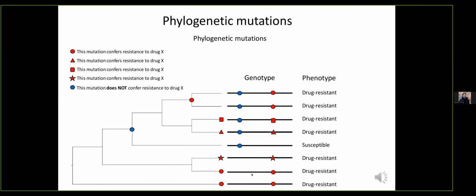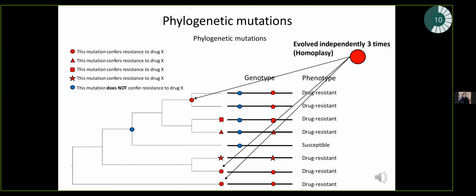If we observe the genotypes and the phylogeny, the simplest explanation is that this red mutation happened here, and happened here. So instead of happening only once and all the descendants inheriting it, it happened independently. And this is what we call homoplasy.